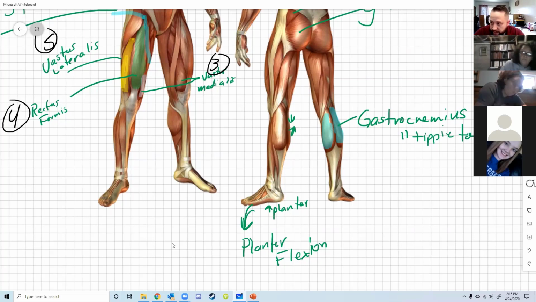It's what allows you to do that. It's a function of the muscle. Brachioradialis flexes the forearm. Orbicularis oris lets you pucker your lips to whistle. Buccinator lets you puff your cheeks out. Orbicularis oculi is the one that you can wink with. Functions: sternocleidomastoid helps you turn your head.